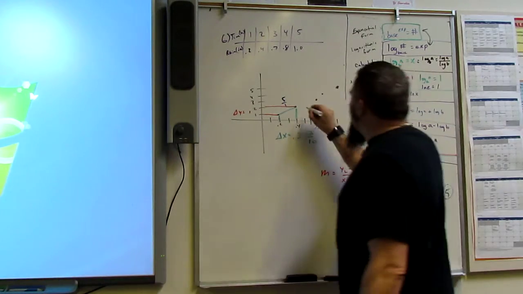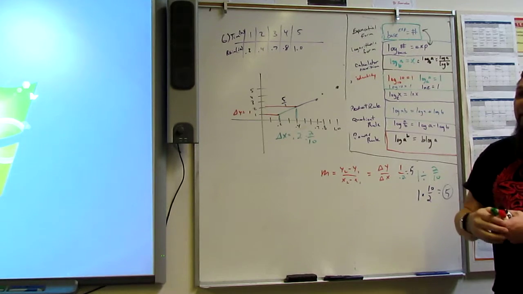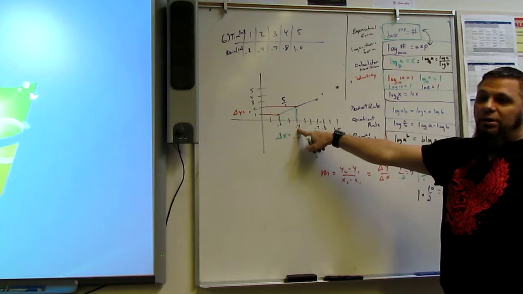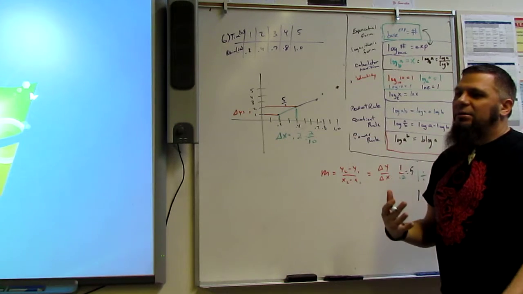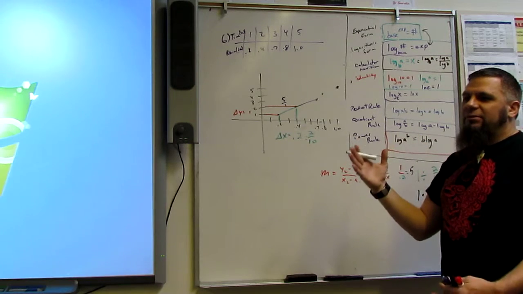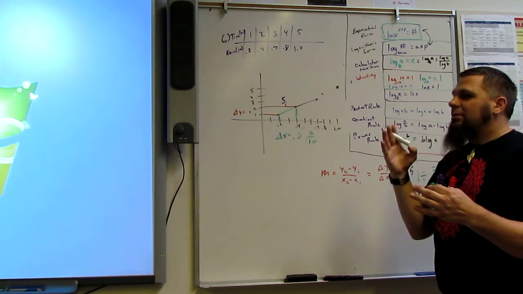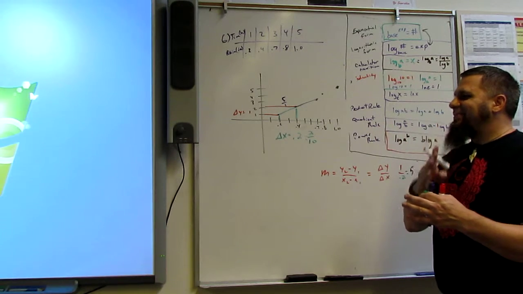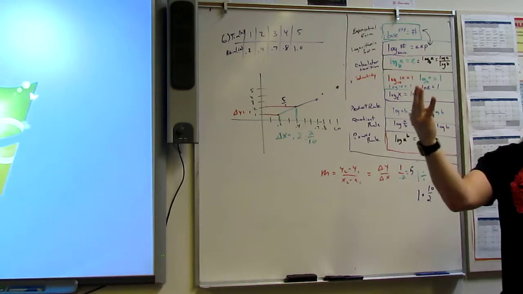Now when we look at these two, it's going to be a little bit different, right? Now we're going from 0.4 to 0.7. How many differences is that? All right, let's look.